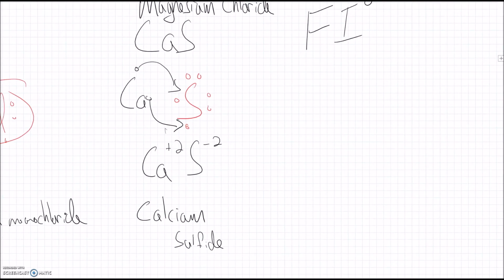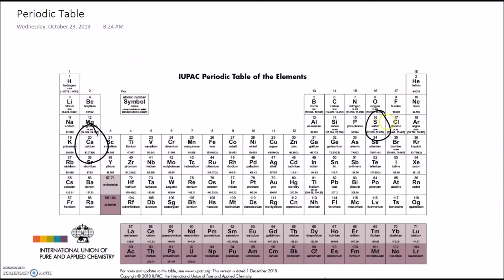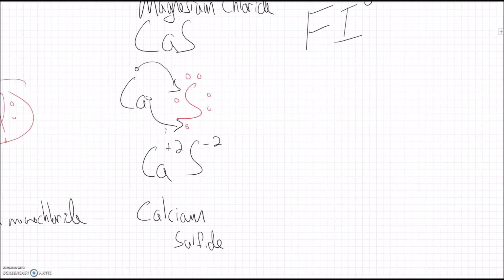Finally, F and I. Let's look at our periodic table. F is here, I is here. 2 nonmetals. That means it's covalent. Each have 7 valence electrons. So we're just going to share 1 from each.